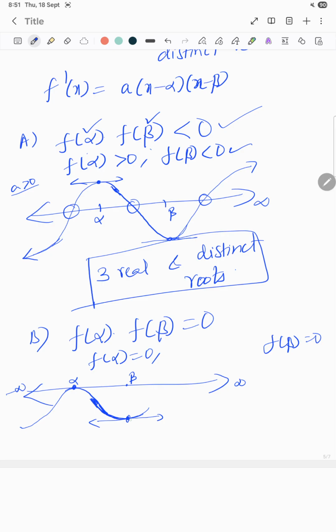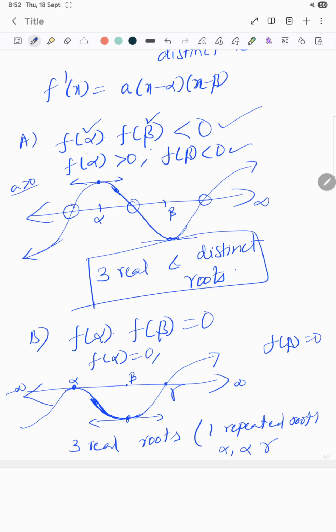So again it will go to positive infinity. That means here also you will have 3 real roots in which one is a repeated root, a multiple root. So the roots are alpha, alpha and one more, say gamma.